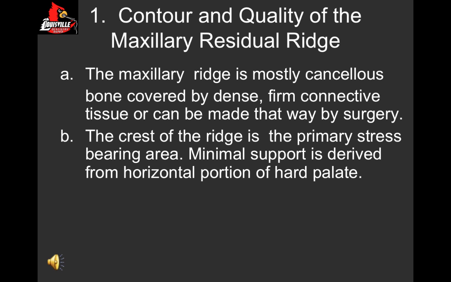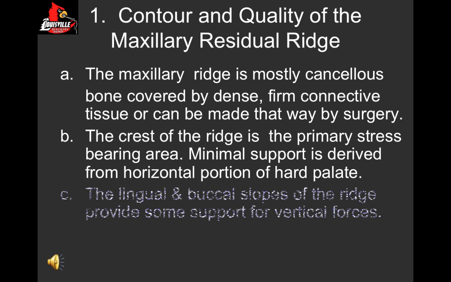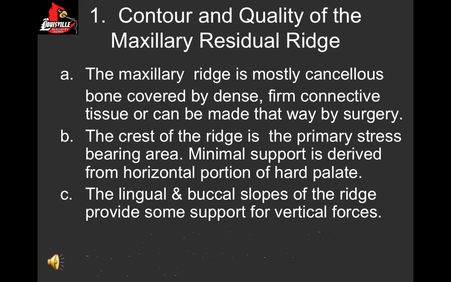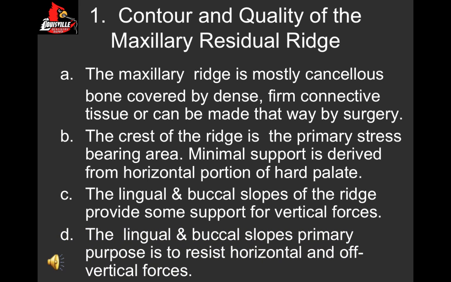Minimal support is derived from the horizontal portion of the hard palate. The lingual and the buccal slopes of the ridge provide some support for vertical forces, but the primary purpose of the lingual and buccal slopes is to resist the horizontal and off-vertical forces that are exerted to the ridge.